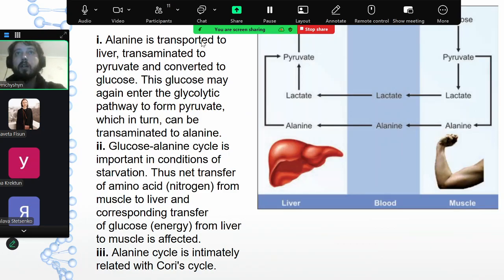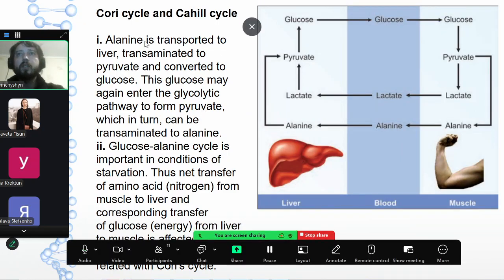Here is an example of the so-called Cori cycle, and you see that we have glucose in the liver, in blood, and in muscle. In muscle we use glucose and generate pyruvate. From pyruvate, we'll get to that tomorrow, we will generate lactate. This lactate can be returned through the bloodstream to the liver and then regenerated to glucose.